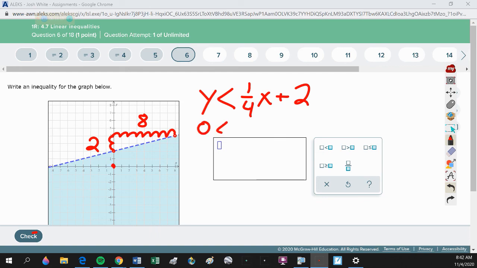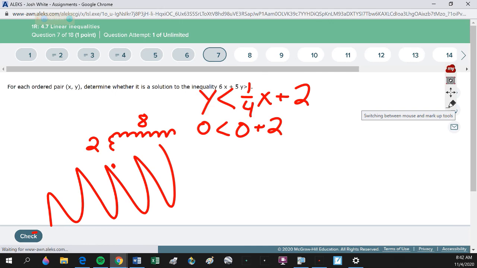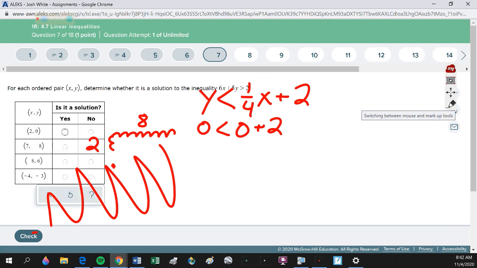Is 0 smaller than 0 plus 2? Yes, so we need to be down here, so it would be less than. Okay, let me make sure. I think that's all the problems, but let me look. Yeah. All right, get to work.